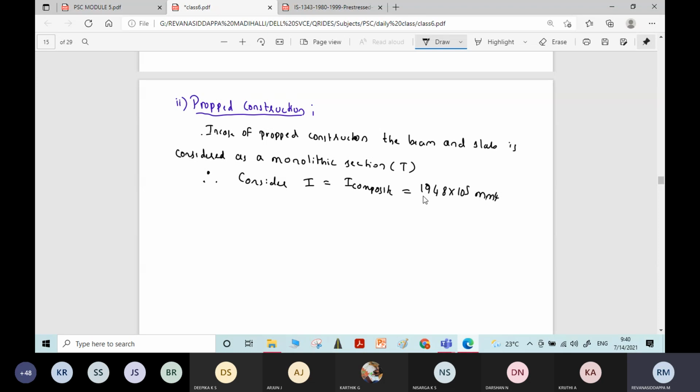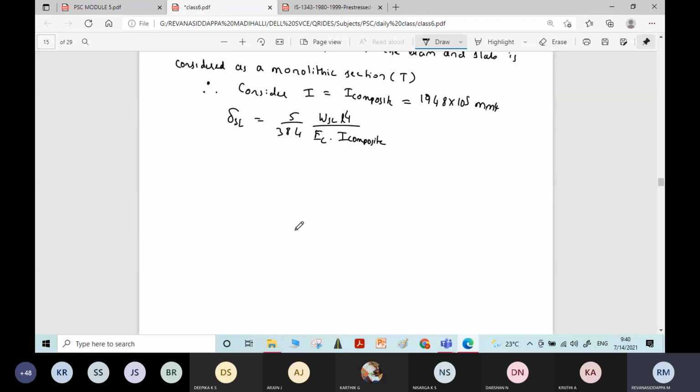Therefore, deflection due to slab load is equal to 5 by 384 into WSL L raised to 4 divided by EC into I composite, not the beam. Therefore delta SL is equal to 5 by 384 into the self weight of the slab, which is given as 0.384, into 5000 raised to 4, divided by EC, which is 38 into 10 power 3, into I composite 1948 into 10 power 5.